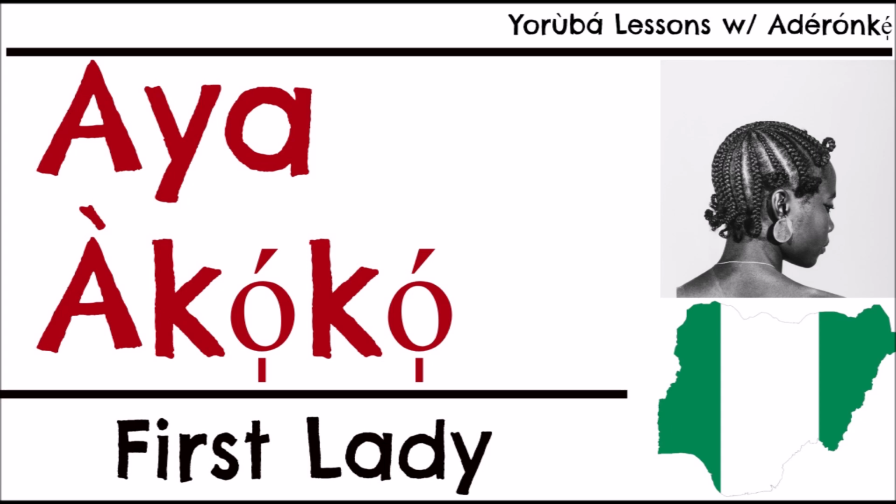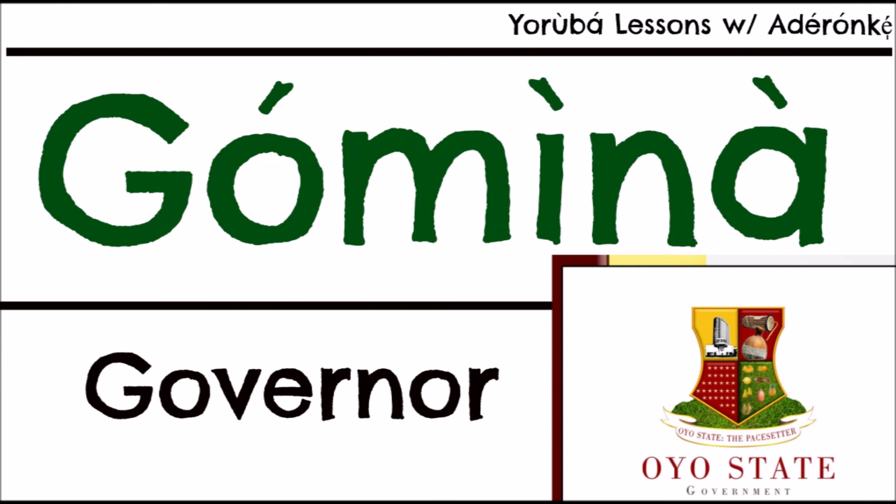first lady, Aya Àkọ́kọ́. For a governor, because governors didn't always exist, like I said, the kings and the chiefs used to have the power. There are several chiefs. We have Balogun, who would be in charge of things related to war, for instance.